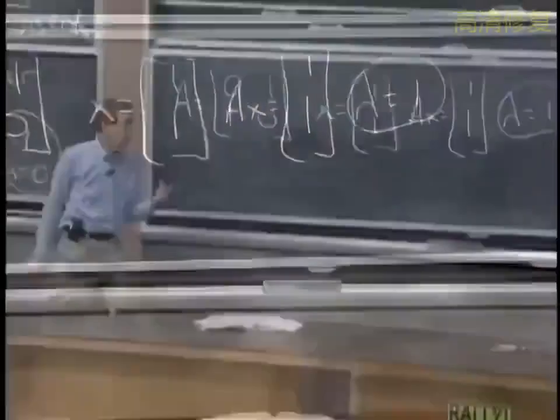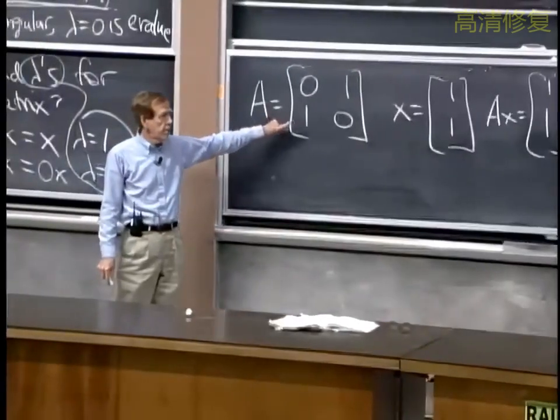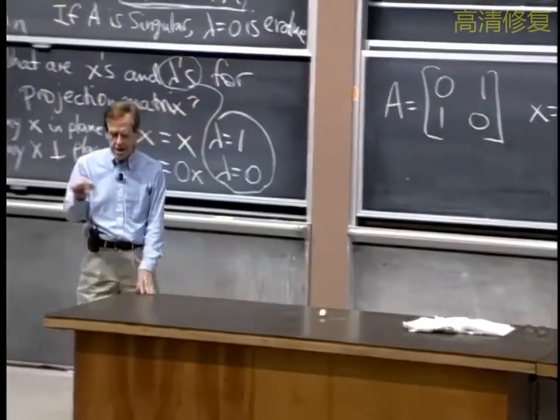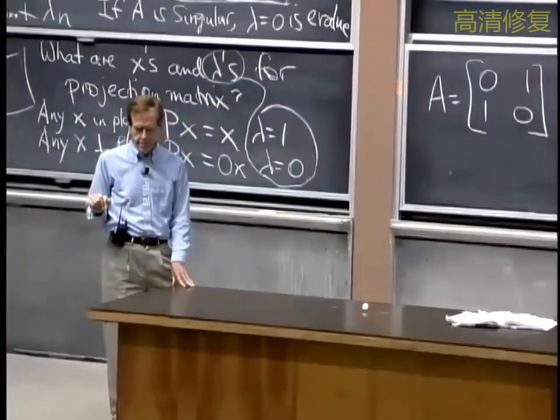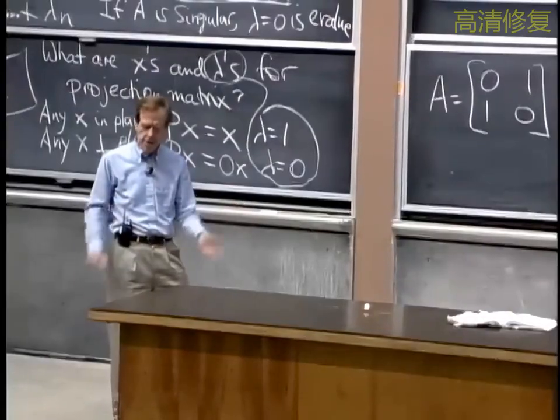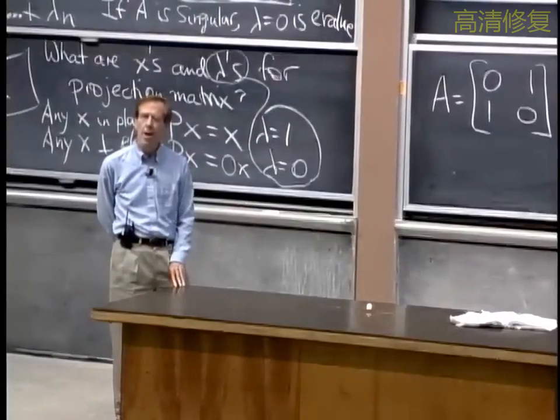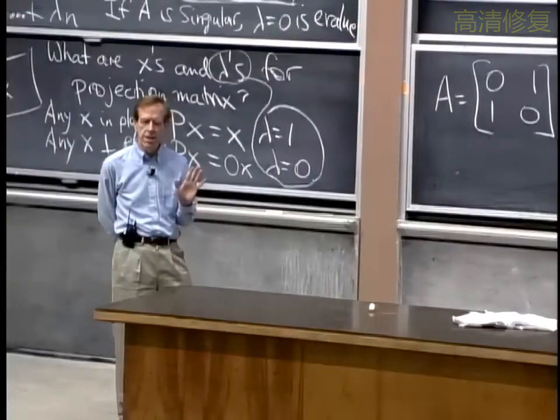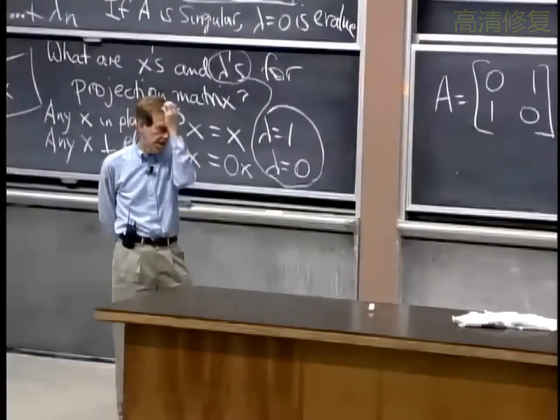That's one eigenvalue. But I have here a 2 by 2 matrix, and I figure there's going to be a second eigenvalue and eigenvector. Now, what about that? Maybe we can just guess it.